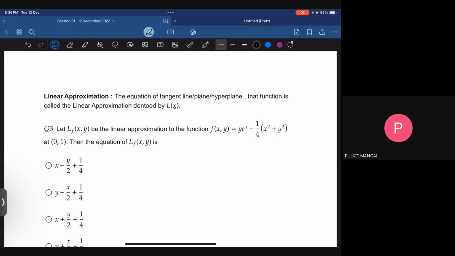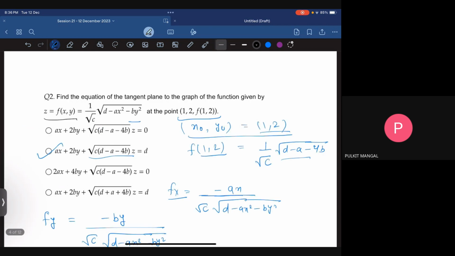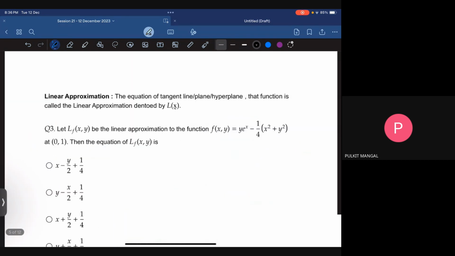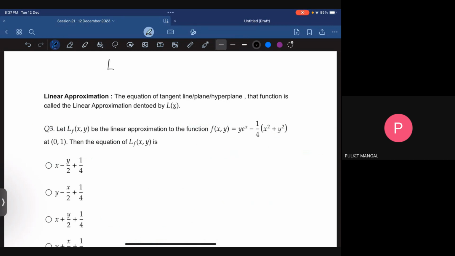So the method to find it would be the same as for the tangent line. It's just that here we are using z is equal to f of x, y, and we will just use this as L of f at the point x naught comma y naught is equal to function value at x naught comma y naught plus fx times x minus x naught plus fy times y minus y naught.